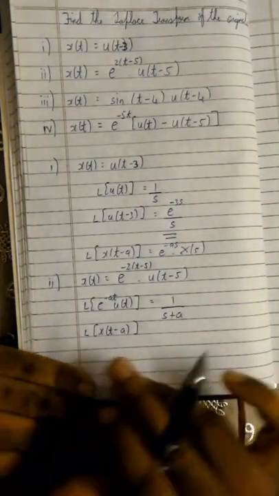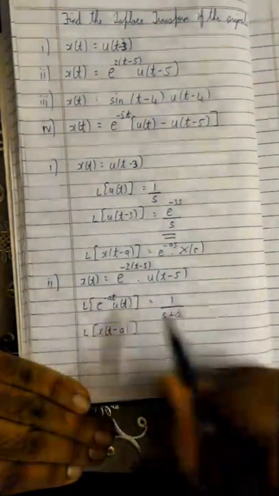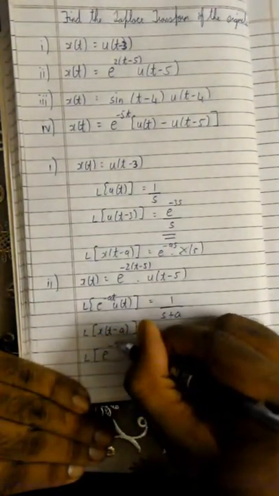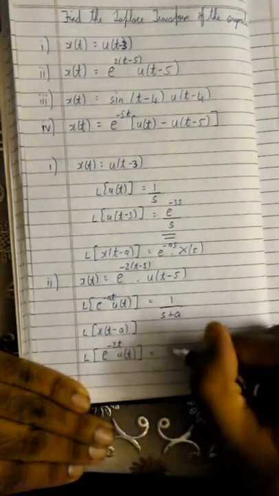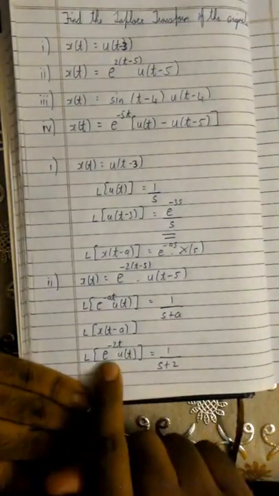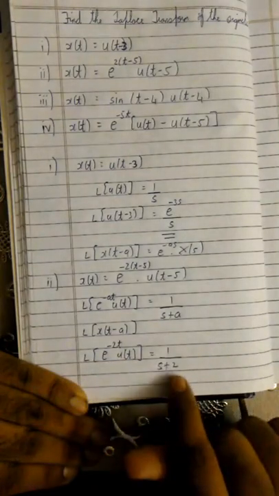So in the given question, the Laplace transform of e raised to minus 2t u of t is equal to 1 by s plus 2. We all know this equation, right?